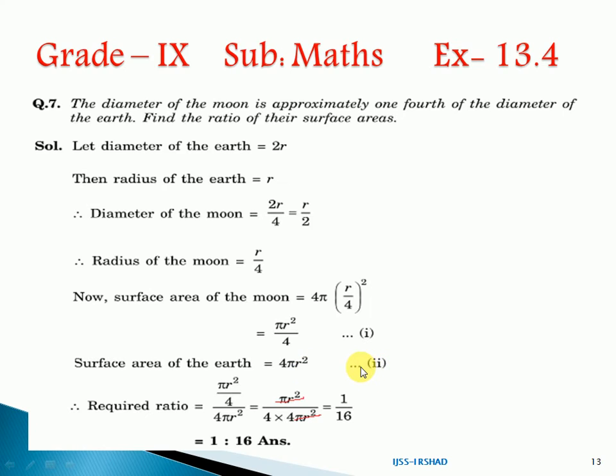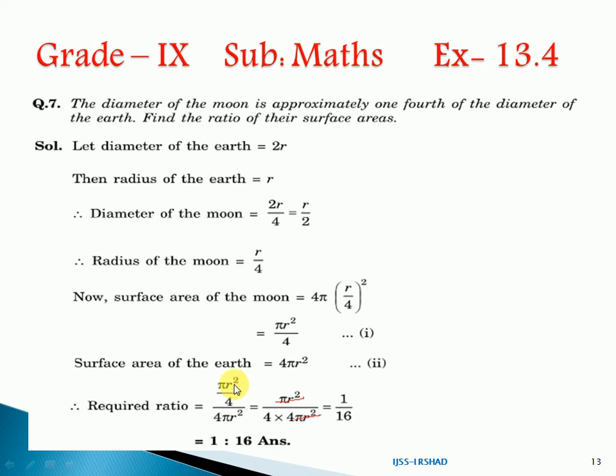This is numbered as 2. Now you have to find what they told you, the ratio of their surfaces. Because here they have mentioned first the diameter of moon, first I will write the surface area of moon. So the required ratio means the surface area of moon to the surface area of earth. The surface area of moon we got from number 1, pi r square by 4, and the surface area of earth is from number 2, Roman 2.